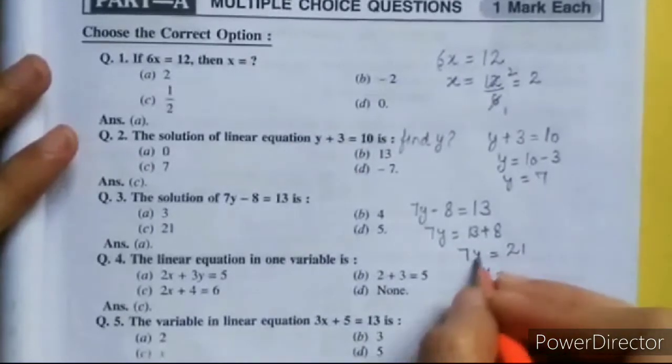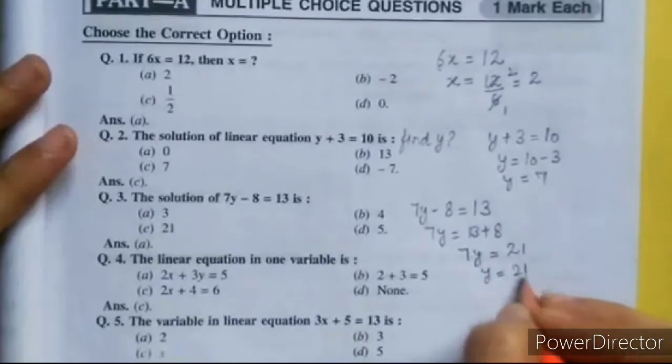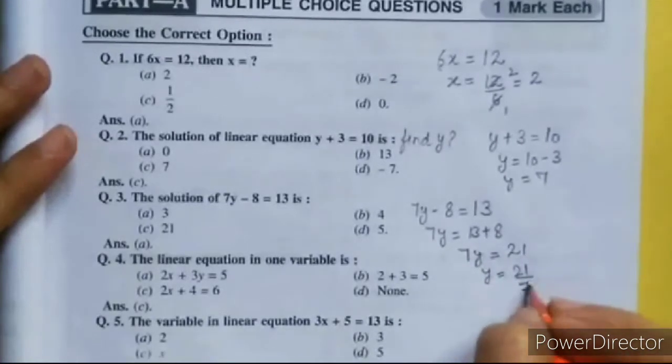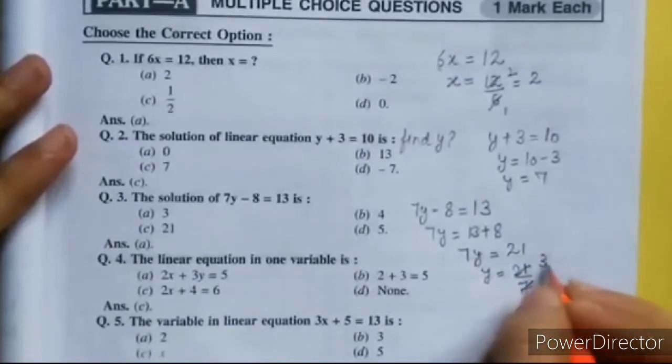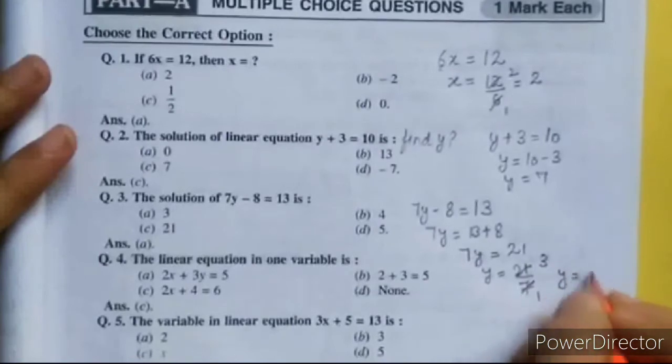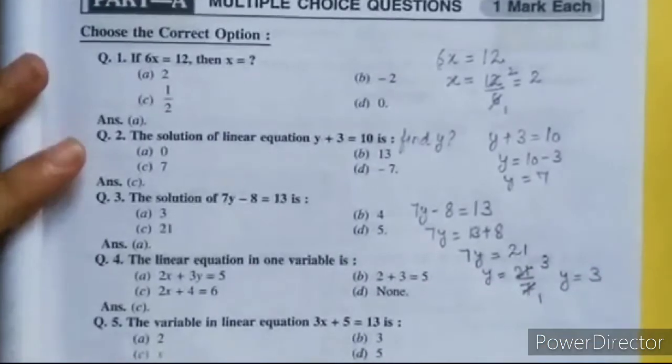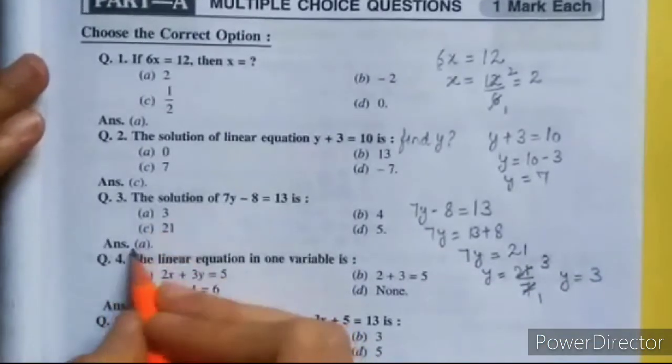Therefore, y equal to. We want to separate the variable y. For that, 7 you bring to the right hand side. It will become division. 7 one time, 7 three times. Therefore, y is equal to 3. Option A is the right answer.